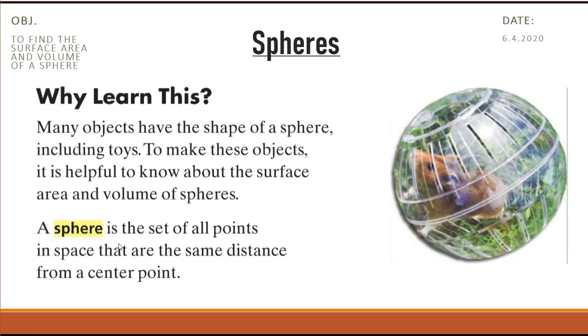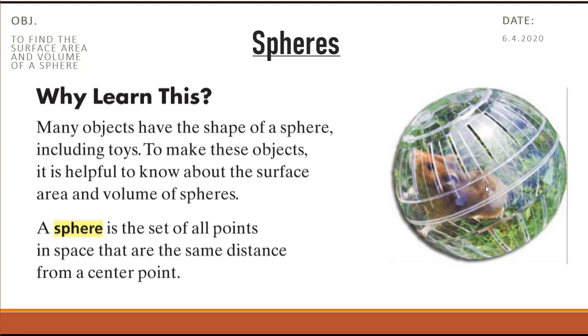So, the sphere is the set of all points in space that are the same distance from a center point. The difference between the sphere and any other solid that we took before is that in the sphere we don't have bases, edges, or vertices.